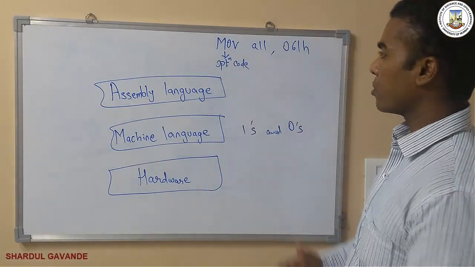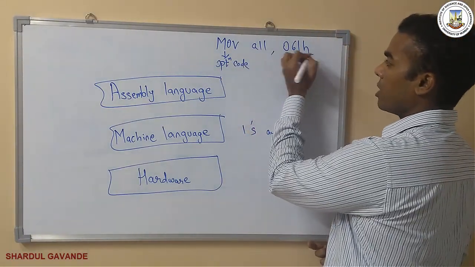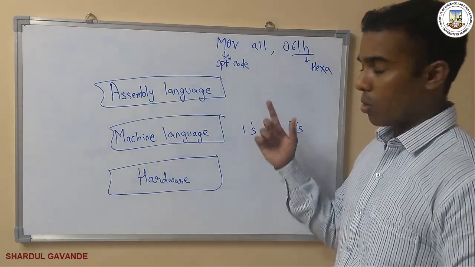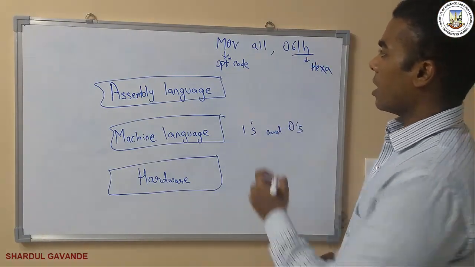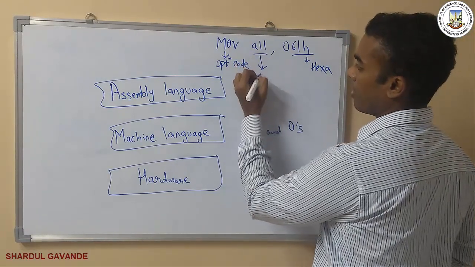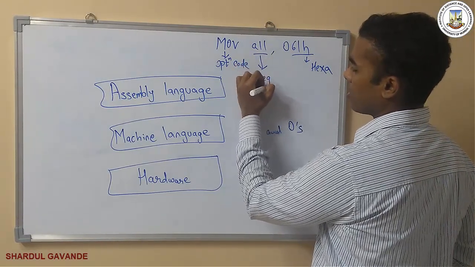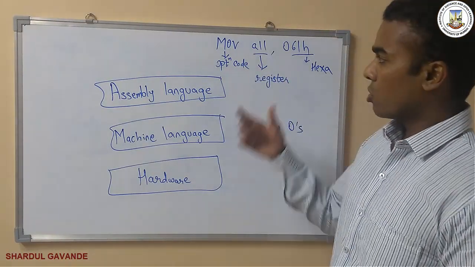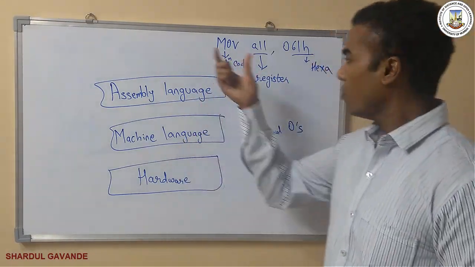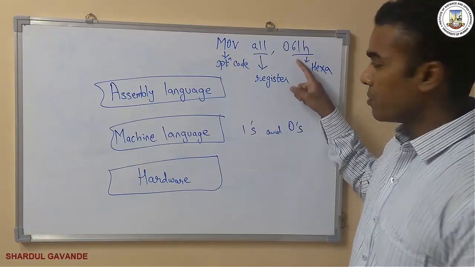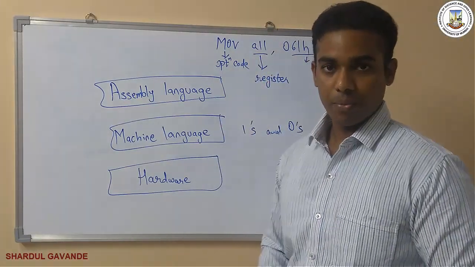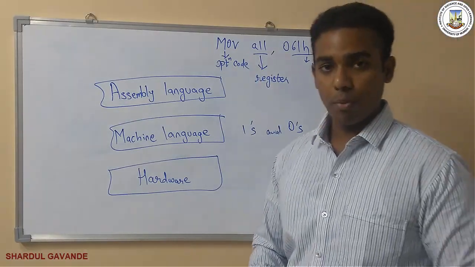Then 061H is my hexadecimal code, 61, and this A11 is nothing but my register name. So the code says: move the hexadecimal number 61 to the register with name A11. That's how this operation is performed.